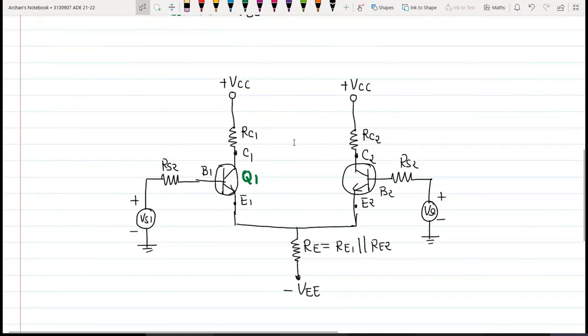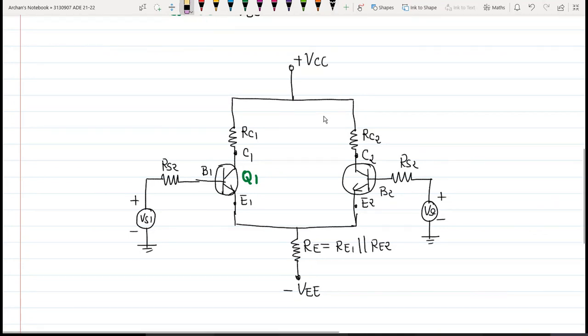Right, now coming back to the collector terminal. The supply voltages are measured with respect to ground. You can see we will take the output between collector C1 of Q1 and collector C2 of transistor 2. And definitely these two supply voltages will get together, so VCC will now be made common, like this.